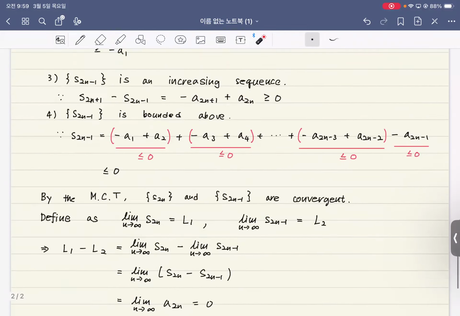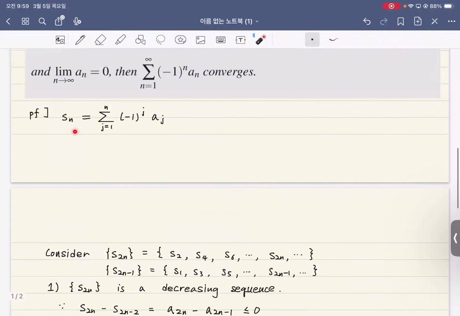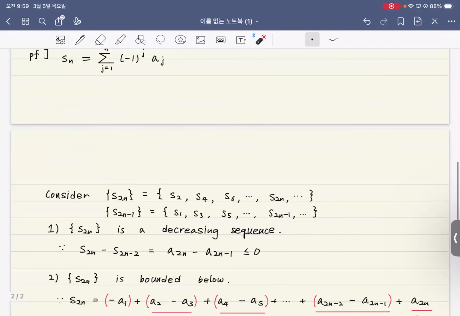So why is it so important? From this original partial sum sequence, we were able to take these two subsequences, and it turned out that those two subsequences are converging to exactly the same number.